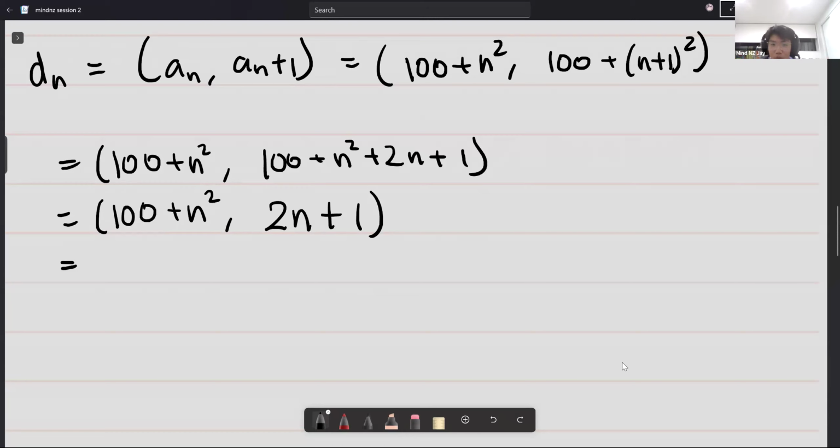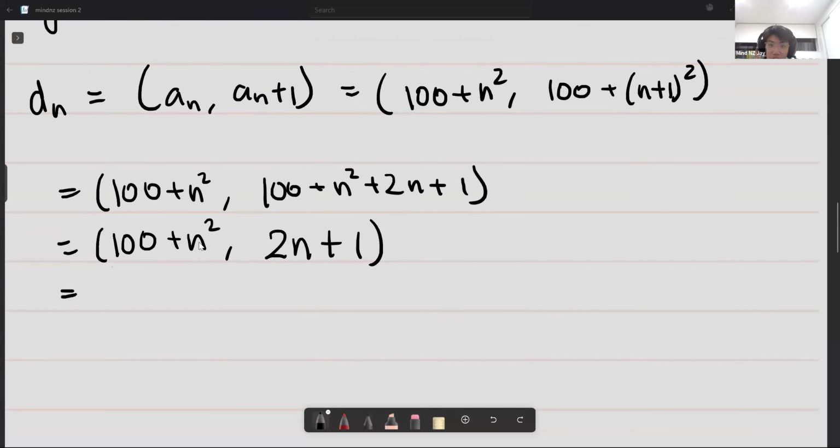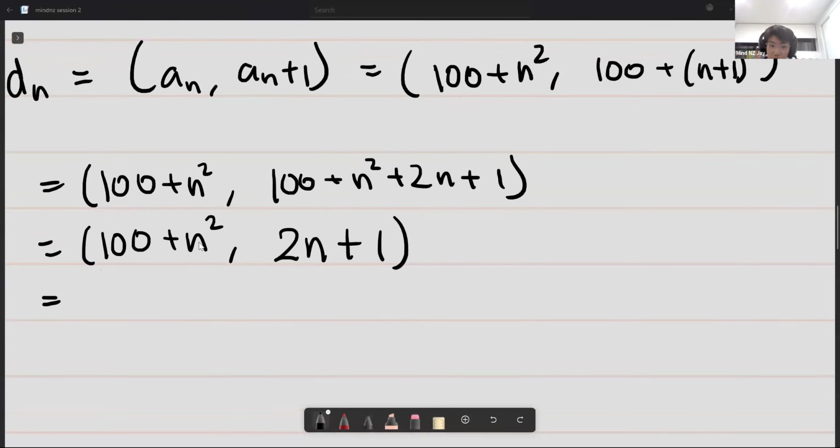But what's pretty cool here is that this is an odd number, so it doesn't matter if you multiply this one by an odd number, the greatest common divisor would still stay the same. Does that make sense, everyone? Okay, well, no one's saying anything, so I'm going to continue.